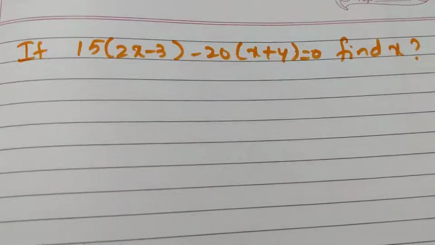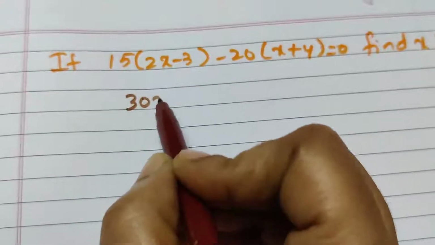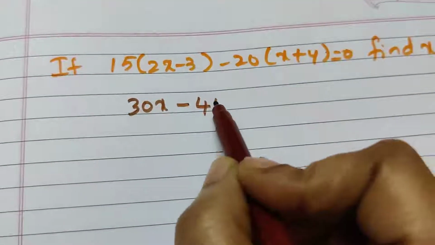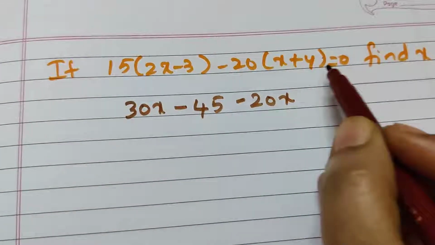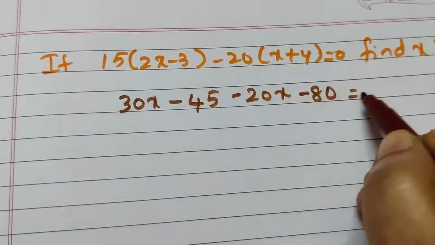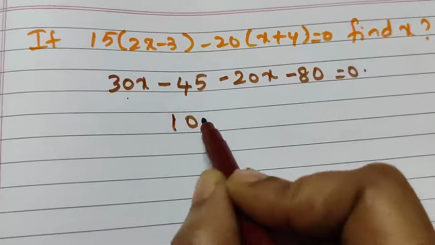So for this question, 15 into 2 is 30x, 15 3s are 45, minus 45, minus 20 into x, minus 20x, minus 20 into 4, minus 80 is equal to 4. 30x minus 20x is 10x.